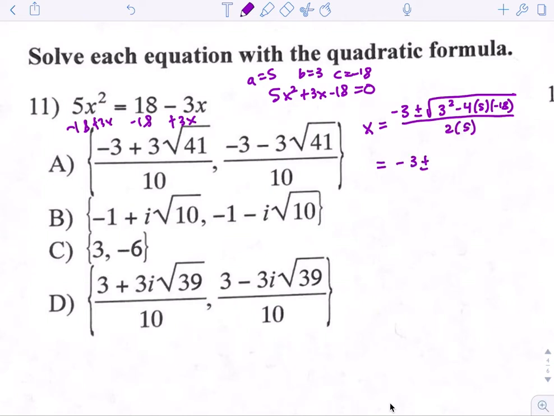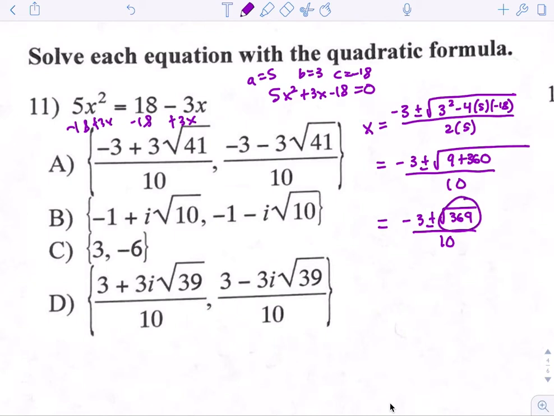Negative 3 plus or minus the square root of 9 and all of this stuff, and I believe it's 360, all over 10, which is equal to negative 3 plus or minus the square root of 369 all over 10. When you simplify this square root, this is what it's going to turn into, but I'm not going to be testing you on that.